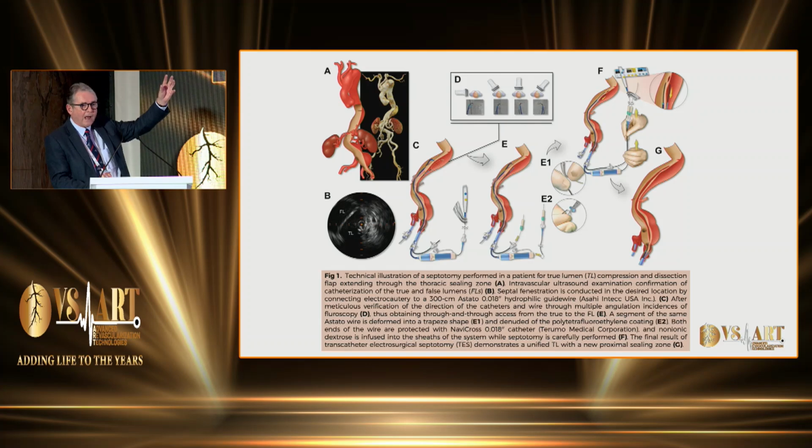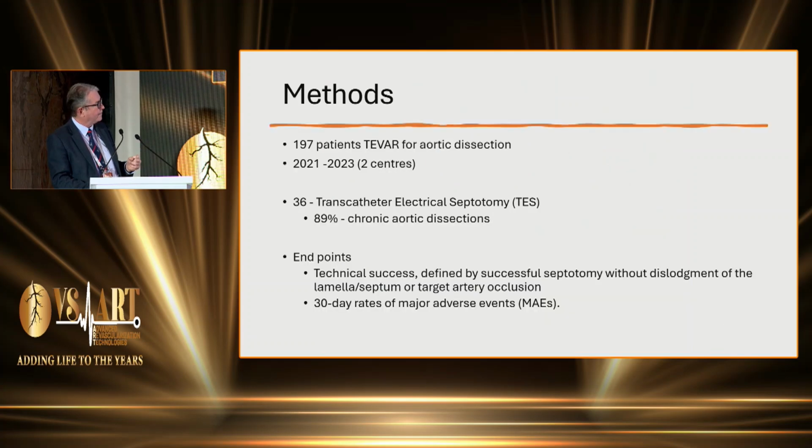They provide power as they're gradually pulling the catheter down, and you can denude or destroy as much or as little of the membrane as you want to create either a proximal or a distal landing zone.